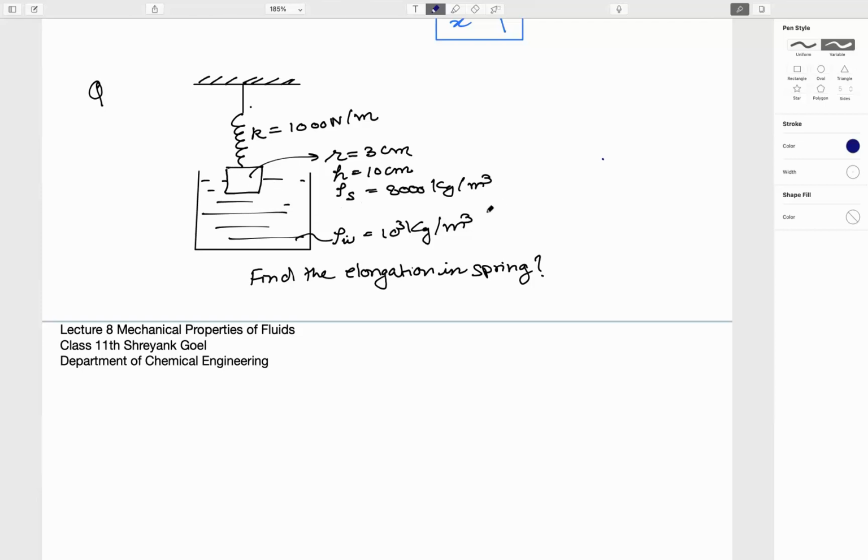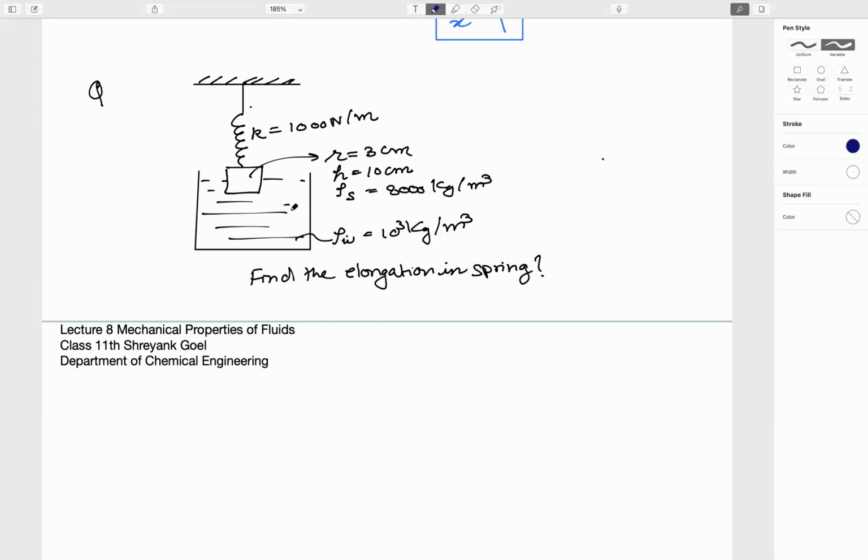So when it is given it's floating, then if you think about this block, whose density is 8,000 kg per meter cube, and the density of water is 1,000 kg per meter cube, there are some forces that are balancing the weight of this block. So what are those forces that we have discussed?